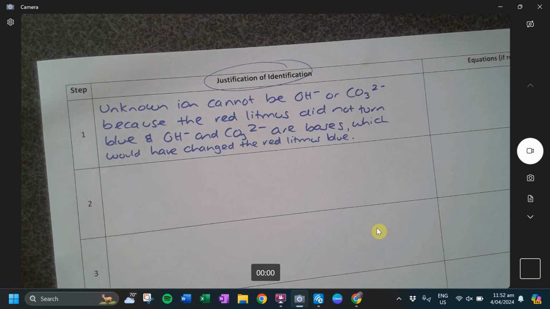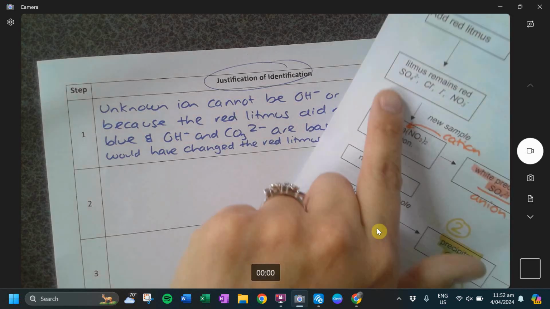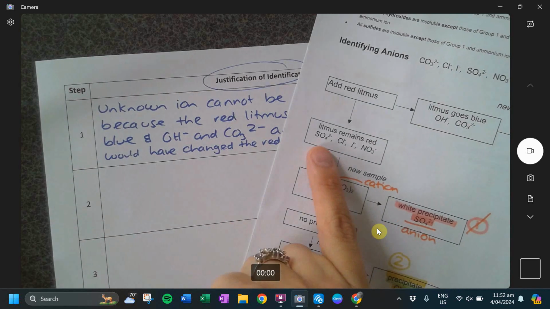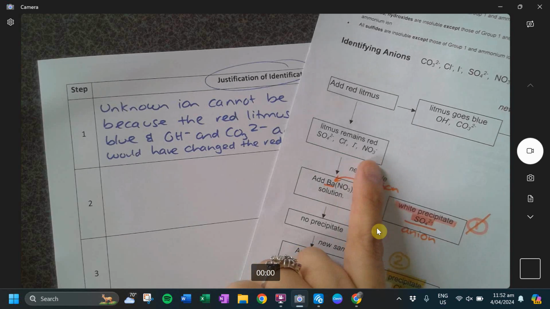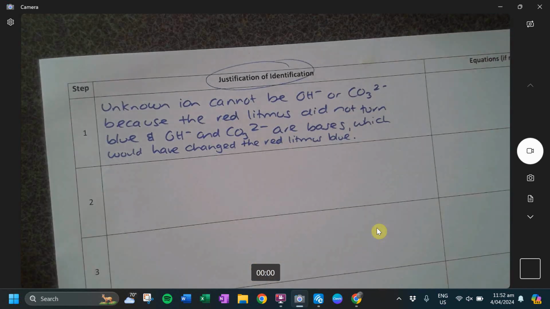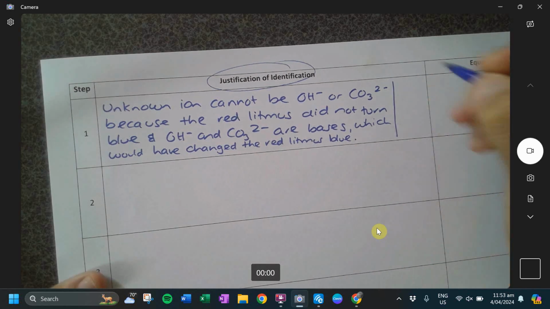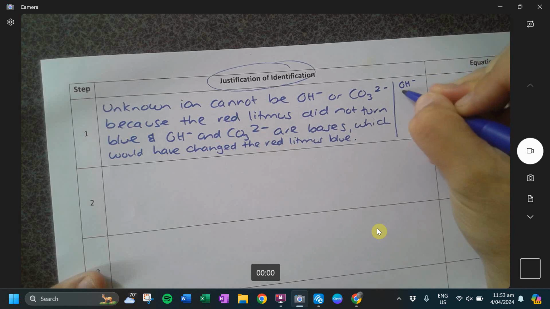What it could still be is sulfate, chloride, iodide, or nitrate. And if you want, you can have a whole little list here of your potential possibilities.